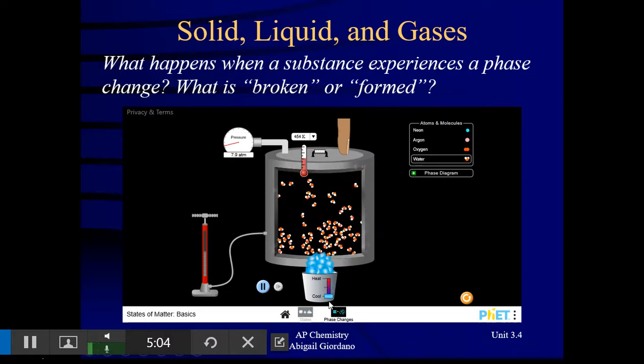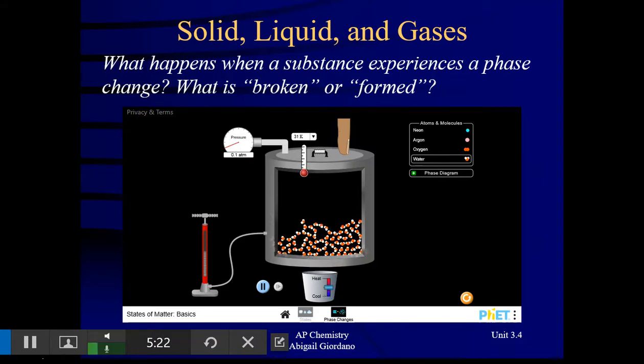And the same can be said if we cool it down. Let's take that gas and cool it down. You'll notice that they're starting to clump together a little bit more. They're not moving with as much vigor as they were. And now we're in the liquid phase. And now we're into the solid phase.